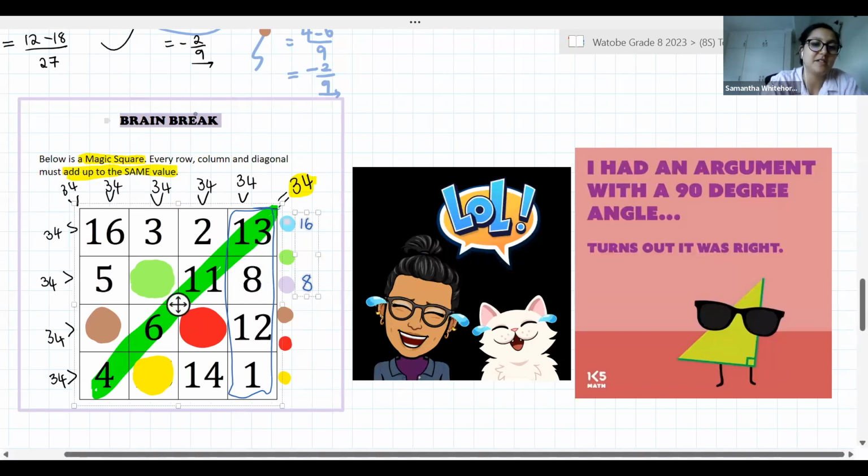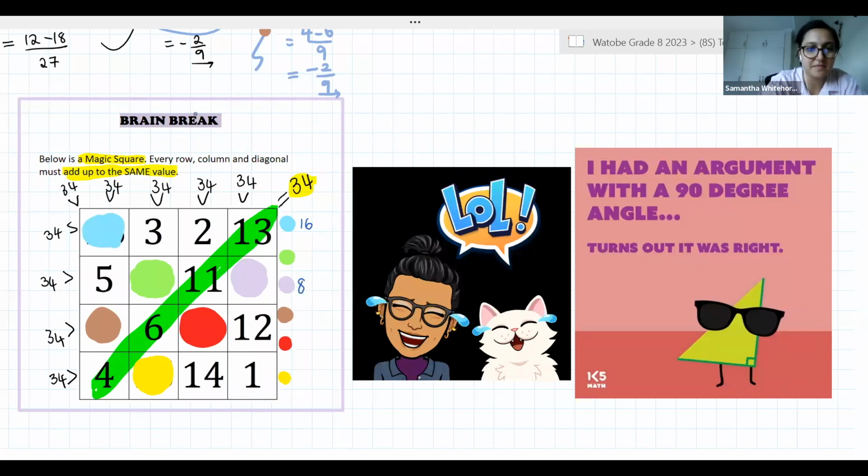Good. And then for the green one, I said 8 plus 11 plus 5. And then I got 21. And then I said 34 minus 21, which equals 10. And then I wrote that down. And then for the brown, I said 16 plus 5 plus 4, which equaled 25. And then I said 34 minus 25, which gave me 9.